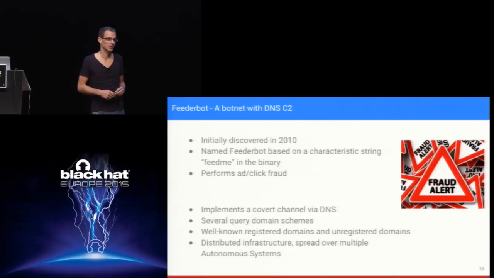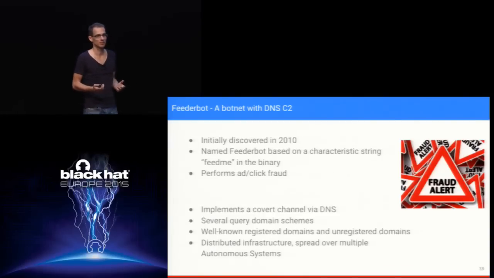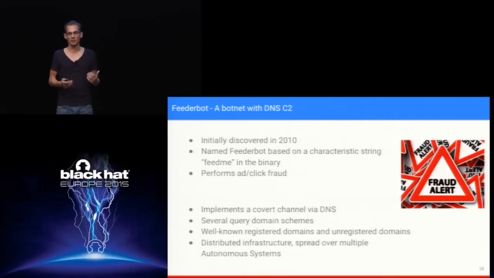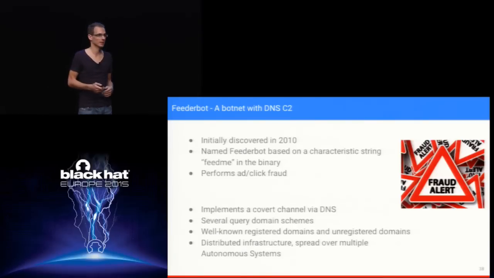For example, they have several query domain schemes. One of those is that they're using legitimate, well-known domains, like that google.com example that I presented earlier. And that requires that they either have control over the zone information for those domains, which is unlikely in the example of Google, or, and that's what they did in the example, they direct these requests to their own set of DNS servers.